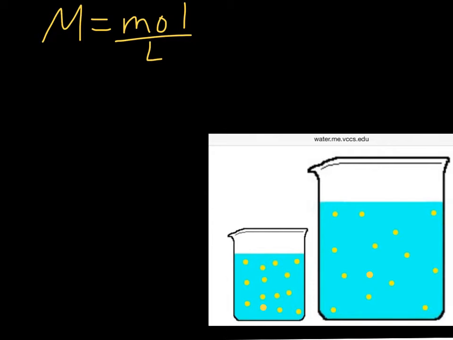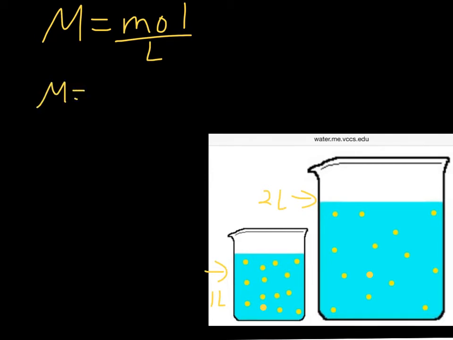So as an example, I have here 2 beakers, and in each beaker I have 14 particles that I am modeling with these dots here, 14 particles. And I'm going to pretend, let's just say that this here is a 1-liter beaker, and that this is a 2-liter beaker.